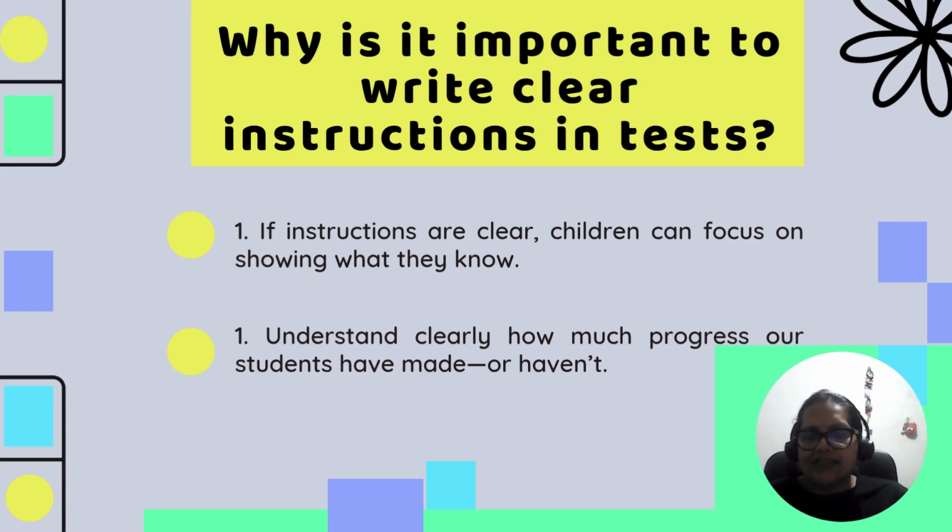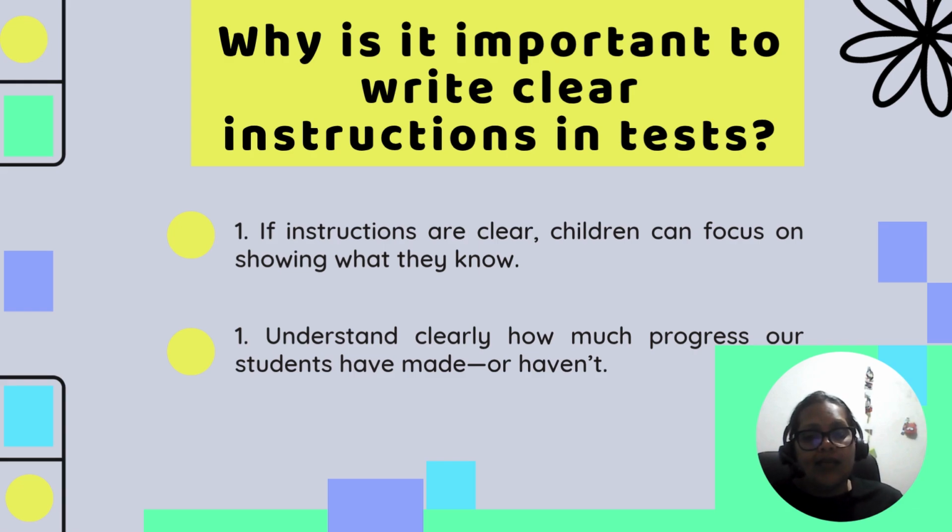Second, we understand clearly how much progress our students have made or haven't. Clear instructions help us get correct results. We want to know what our students understand and what they can do or not.